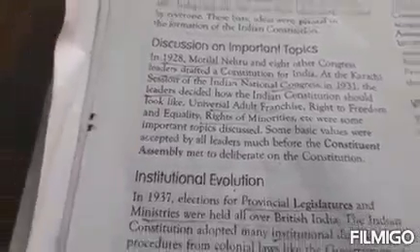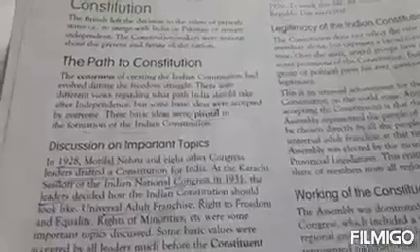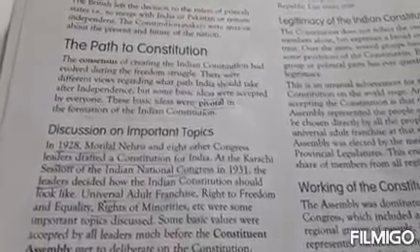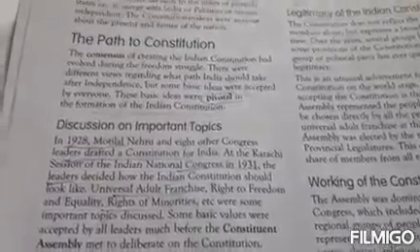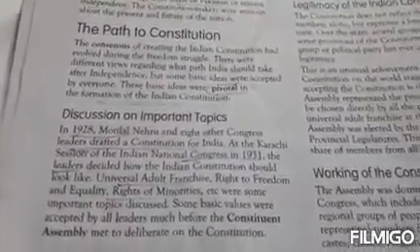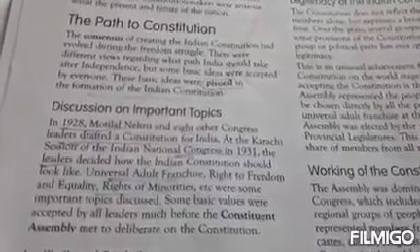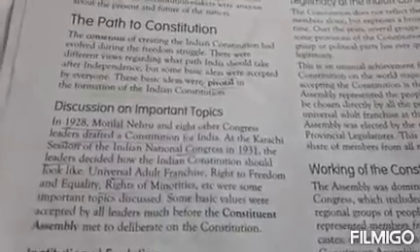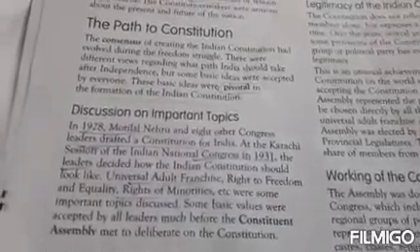Hindus and Muslims were still fighting among themselves. Okay, the fifth problem is the makers of the constitution feared that the people of India would not accept the constitution. But later on, what happened? The Indian constitution today became one of the best constitutions in the world.